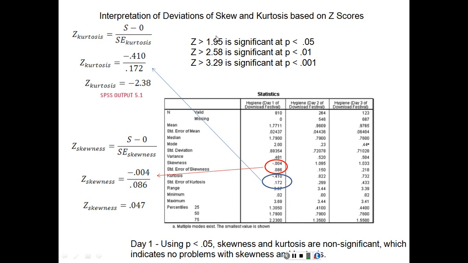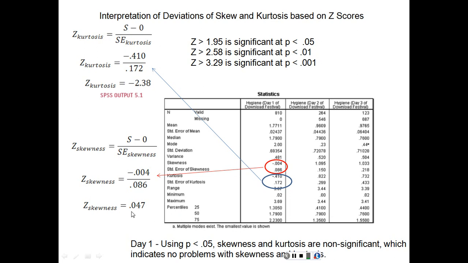So for instance, I couldn't say, oh, I'm going to use 0.05 for kurtosis and then I'm going to use 0.001 for skewness. No, it needs to be consistent. So I've just decided that I'm going to use 0.05 for day 1.